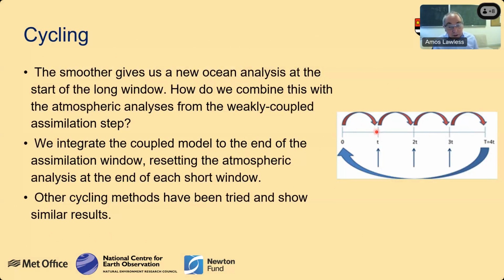We run the coupled model from that solution, and then we have the old atmosphere analysis here. So we reset the analysis, but keeping the ocean state from this coupled model run, and we step forward like that. So by the time we get to here that we're cycled, we have run the coupled model starting from this smooth solution, but with a nudging in these atmospheric analyses, so to speak, and that's what we're then cycling with to run to the next background.